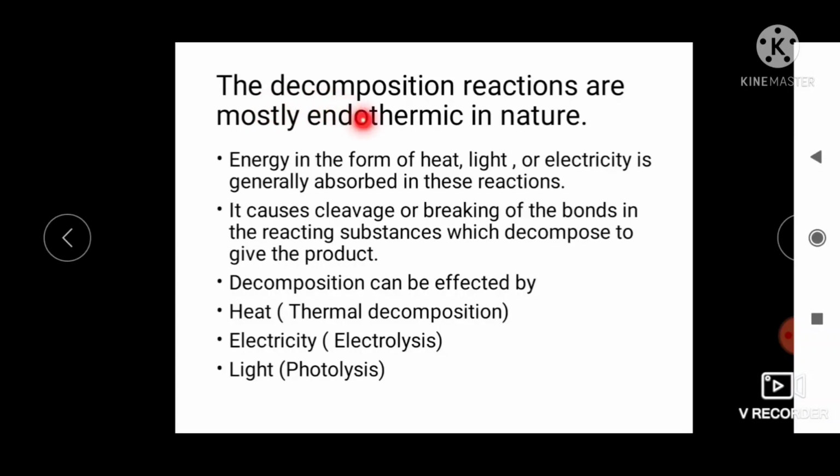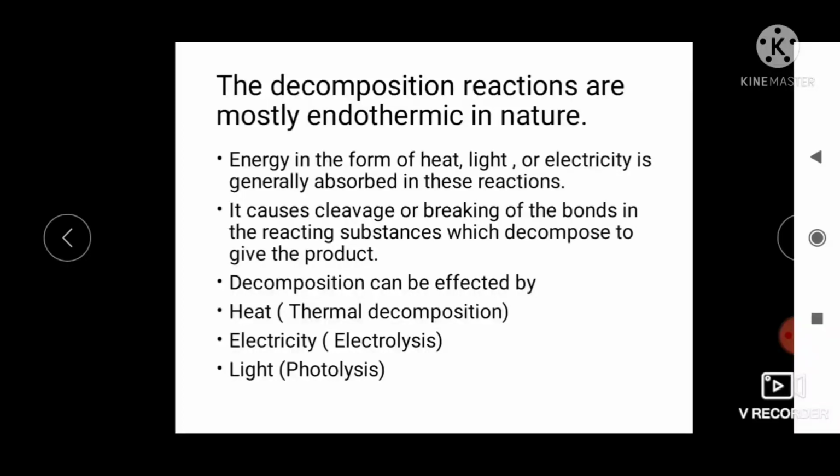The decomposition reactions are mostly endothermic in nature. Energy in the form of heat, light or electricity is generally absorbed in this reaction. Absorption of heat or energy is called endothermic reaction. It causes cleavage or breaking of the bonds in the reacting substance, which decomposes to give the products.